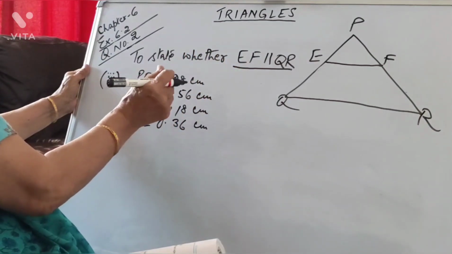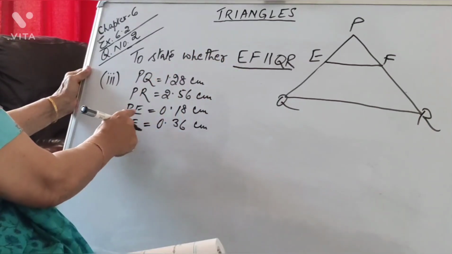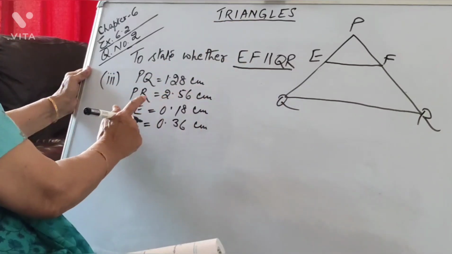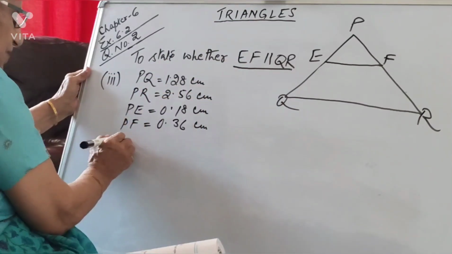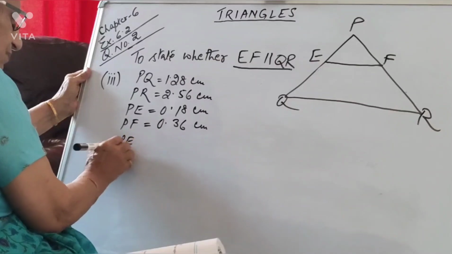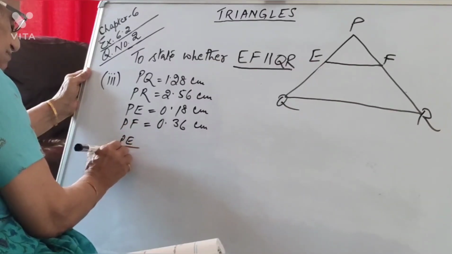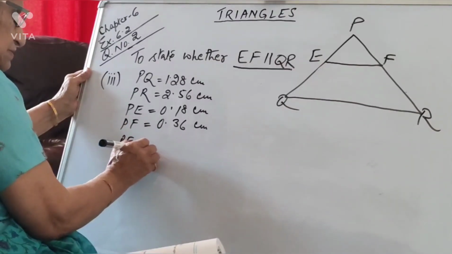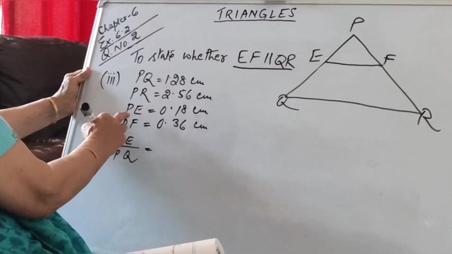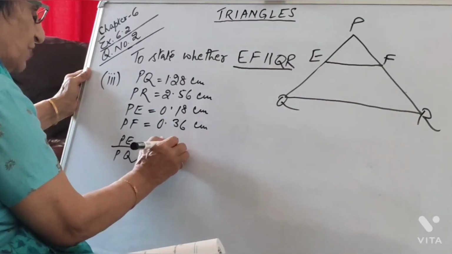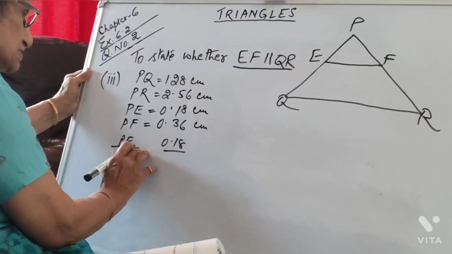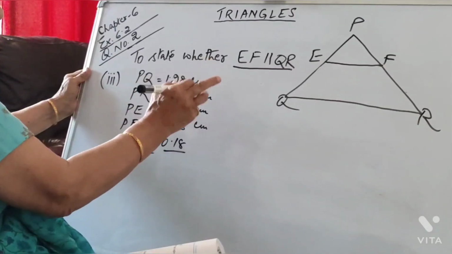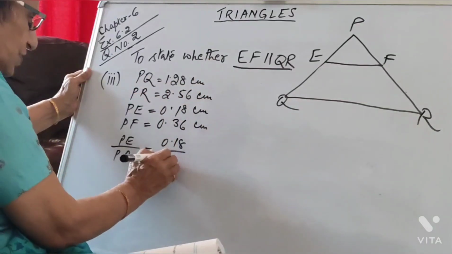So let us see PE over PQ. PE is 0.18 over PQ, and PQ is 1.28.